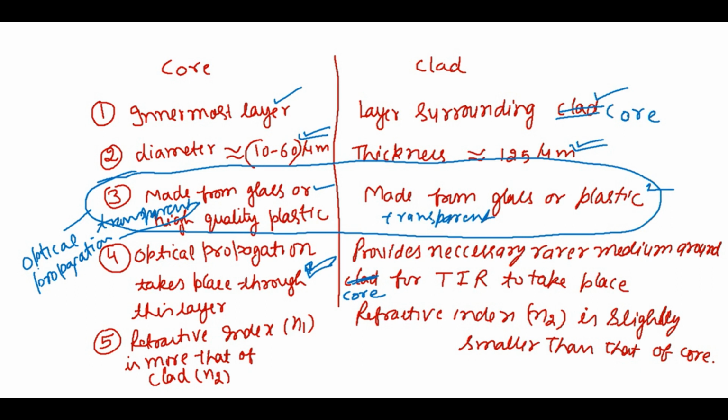Next, the refractive index of core is n1 and it is slightly more than that of n2. This is the same sentence written here: the refractive index of clad is slightly smaller than that of core.